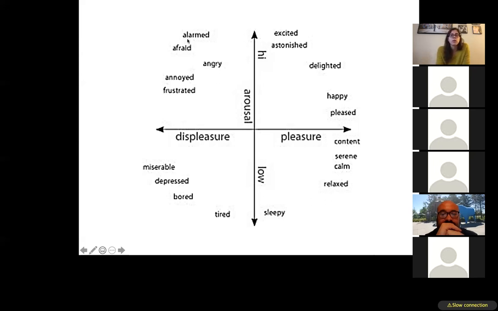But on the other side, you can have something that's equally as high in arousal, but more about displeasure. So being alarmed or anxious would be high in arousal. But then low in arousal, on the displeasure side, would be something like depressed, bored, tired, on the more negative side. Okay.